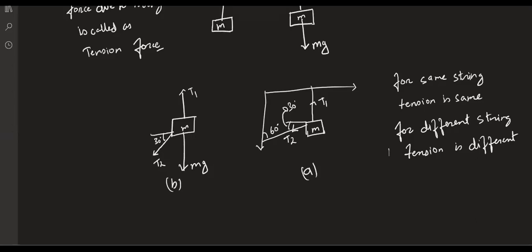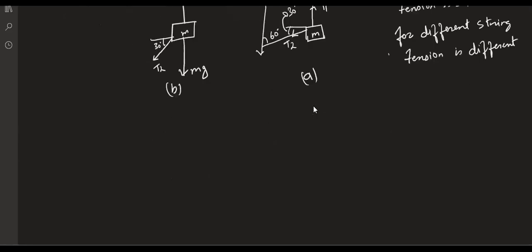Yashina, you cannot find the answer because there is more than one variable. You just have to resolve the vectors and write down the equations in the x-axis and y-axis, as simple as that. When you talk about this, mg is on the y-axis, T1 is on the y-axis.